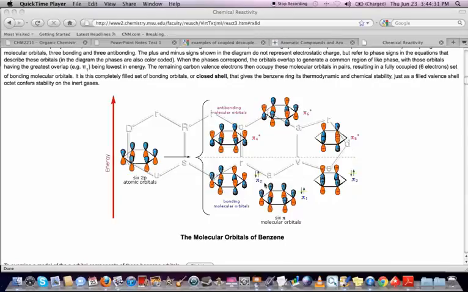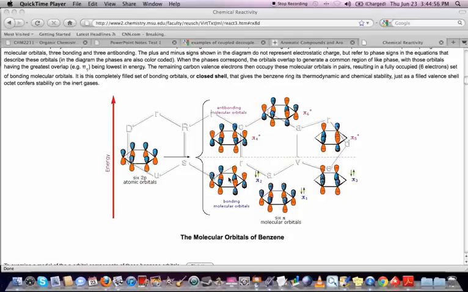Now we've got some other possibilities where we're flipping p orbitals as well, and these combinations happen to be of equal energy. This one and this one happen to be of equal energy for the benzene system, as are this one and this one. Now this one down here has more overlap than this one does, so this one is of lower energy than this combination is.